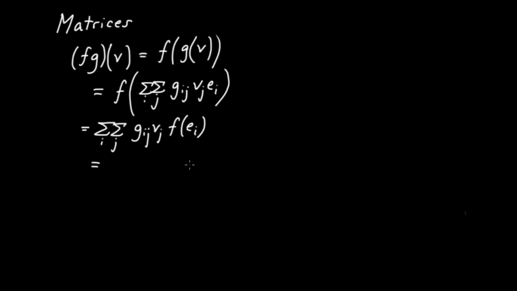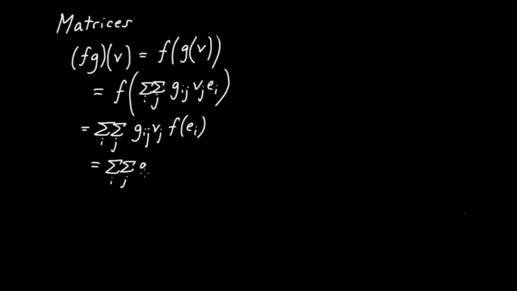Now the next thing we're going to do is note that this f of e sub i is going to be some vector, but this vector, like the vector v, can be expanded in the basis. So what we're going to have is yet another sum.